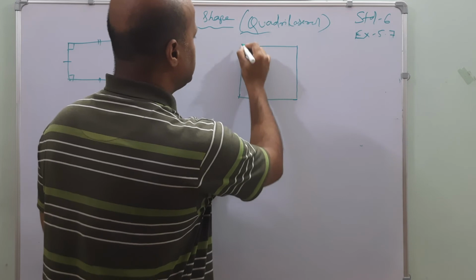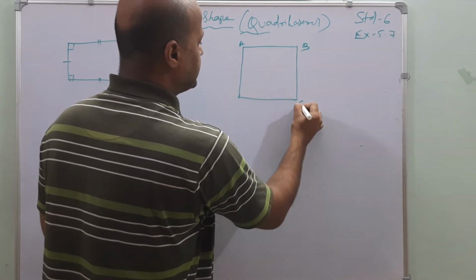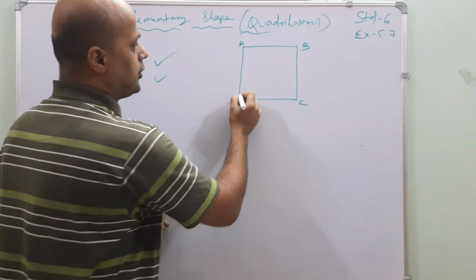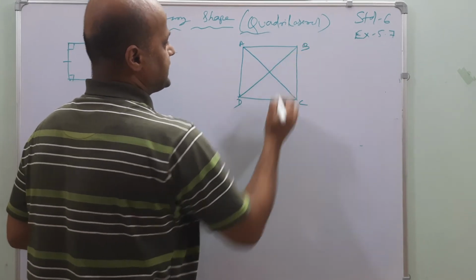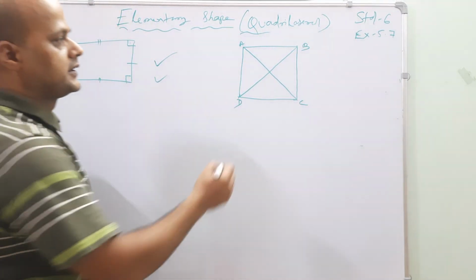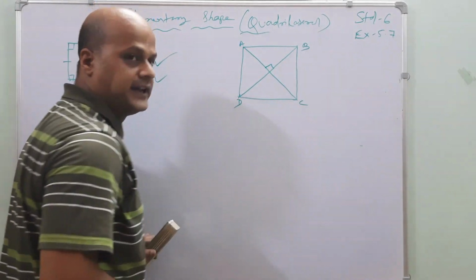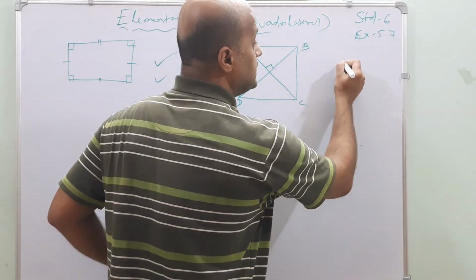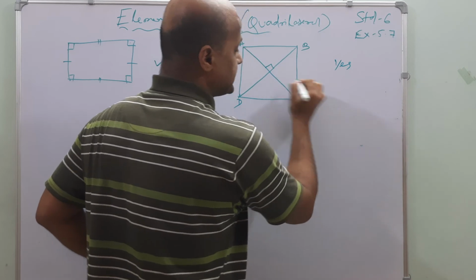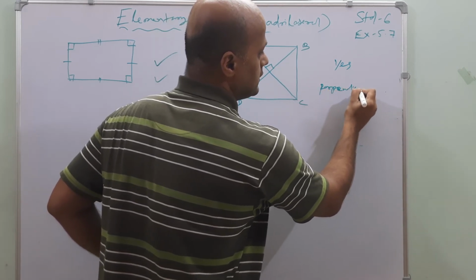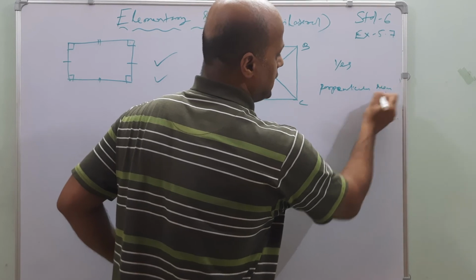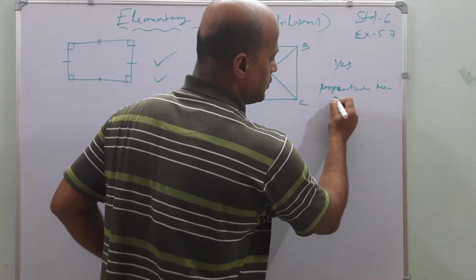The diagonals mean the opposite points of the square. If they bisect each other and at the center it is 90 degrees, then yes, it is saying about perpendicular. Perpendicular means nothing but at the center it is 90 degrees only.